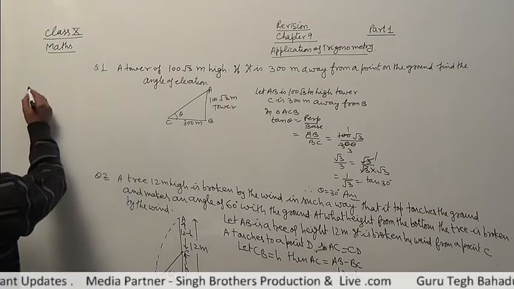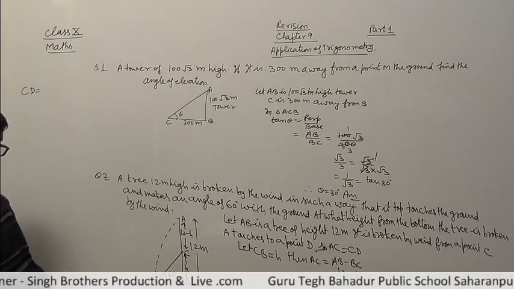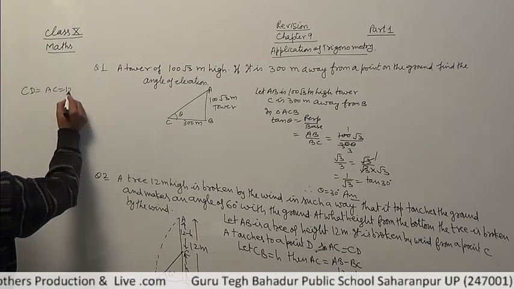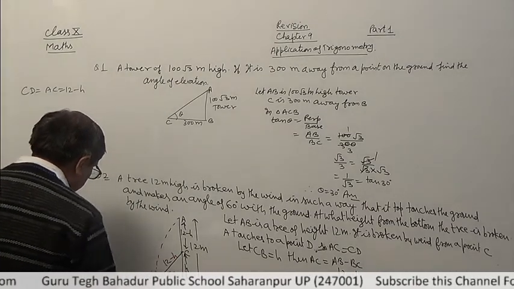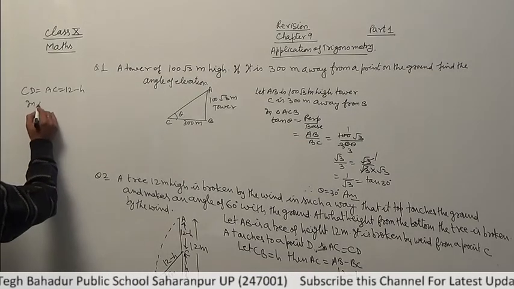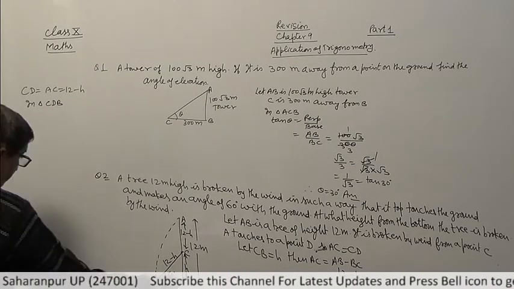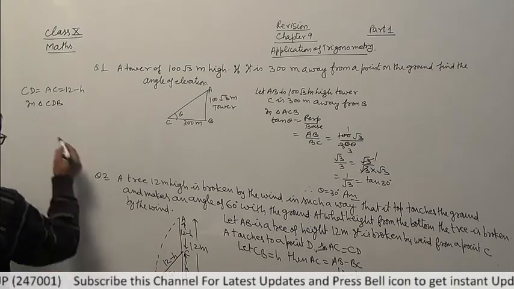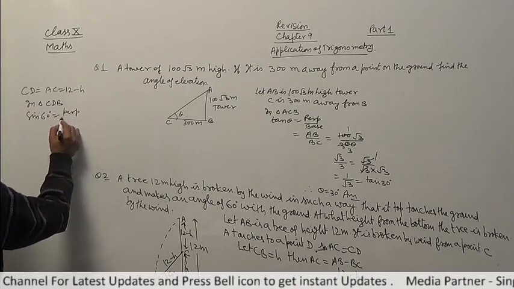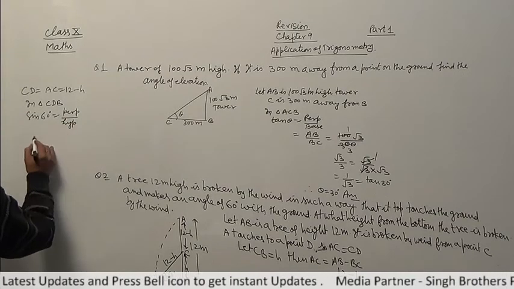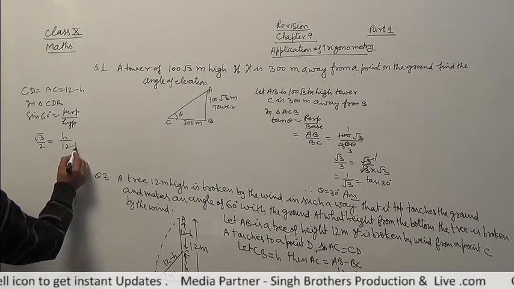And CD is equal to AC is equal to 12 minus H. So this is also 12 minus H. In triangle CDB, taking this is perpendicular, this is hypotenuse, so sin 60 is perpendicular upon hypotenuse, root 3 upon 2 is h upon 12 minus h.